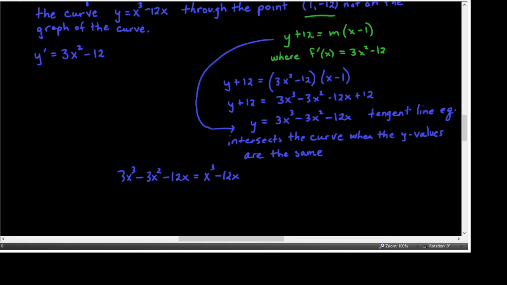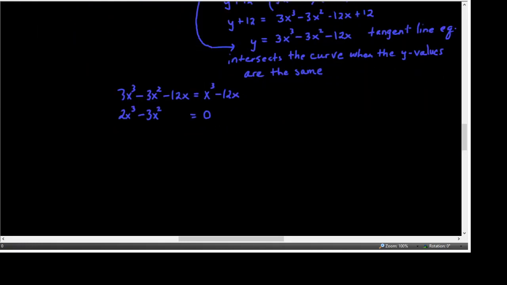So if I subtract x cubed from both sides, because with polynomial equations, you should always try to get it equal to 0. And if you add 12x to both sides to get it equal to 0, the negative 12x actually disappears.